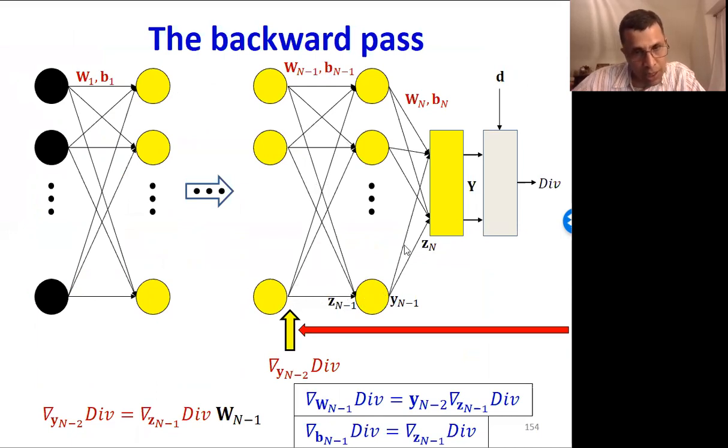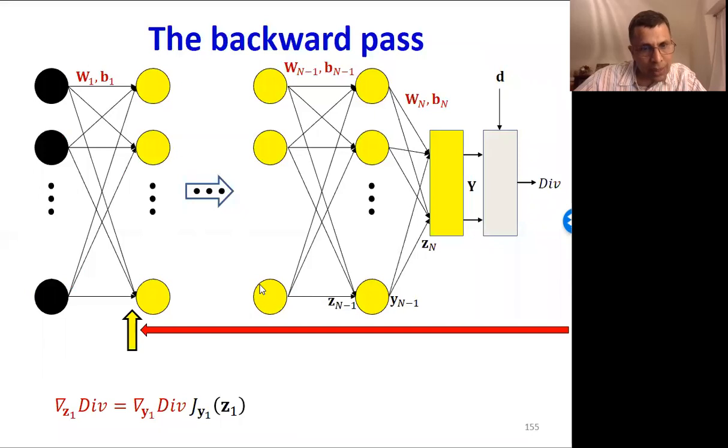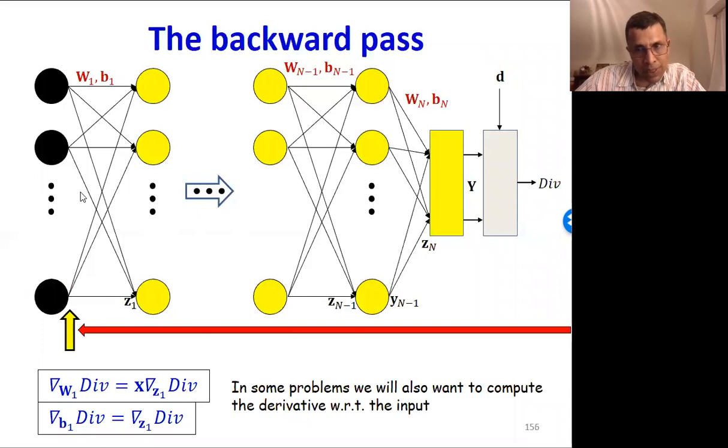I'm just reusing the same equation I used on the next layer, but now applied to the variables at this layer. And then I can keep going back all the way until we get the derivatives for the first hidden layer affine values. And from that, we get the derivatives for the weights and biases for the first layer. And if we want, we can even go back and compute the derivatives for the input.